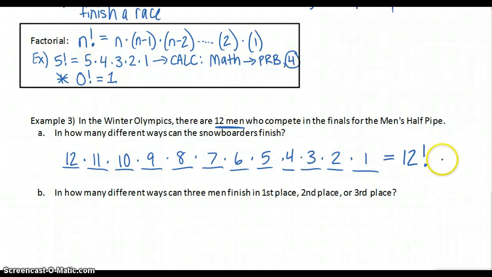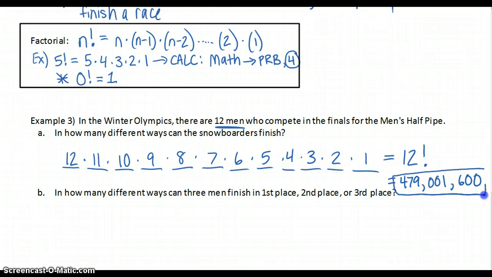And you should end up getting a really big number, which is going to be exactly 479,001,600 different ways that the snowboarders can finish. That is a lot of different ways that they can finish. Big numbers we're dealing with.